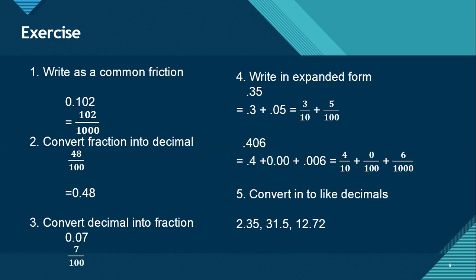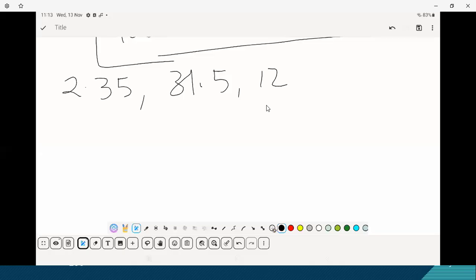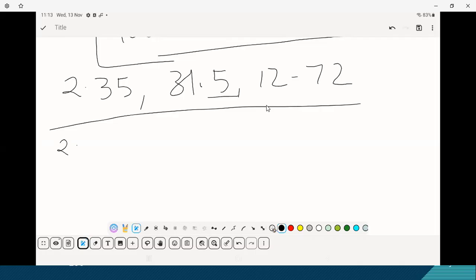So let's quickly move to the whiteboard. Suppose we have these numbers. Now we have to convert them into like decimals, so we have to make the digits after the decimal the same. So we will simply write 2.35, 31.50. To make the digits alike, we have to put 0 after the number, not before the number. Before the number, the value is changed, and after the number there is no change in value.